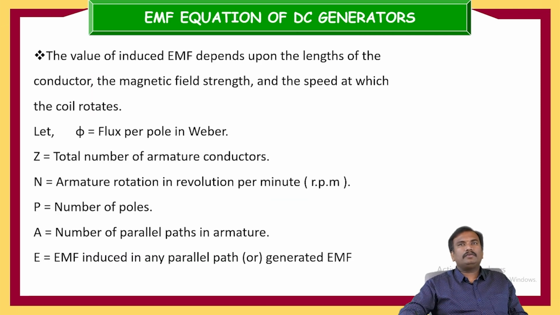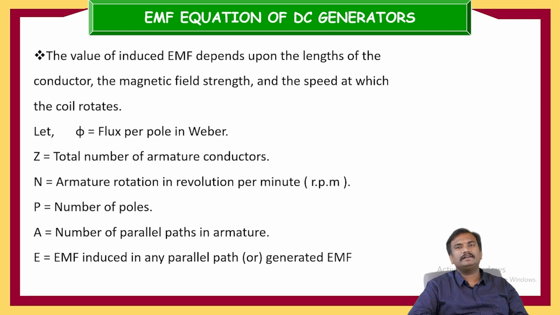Now let us go with the EMF equation of DC generators. Here we have seen how the EMF is generated, that is because of the rate of change of flux linkages. The EMF is generated in the conductors because of the rotation speed and some constructional details.